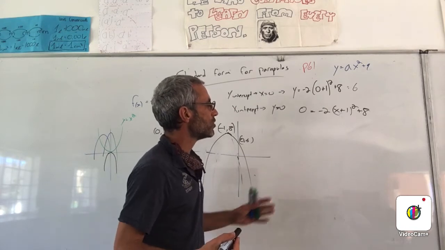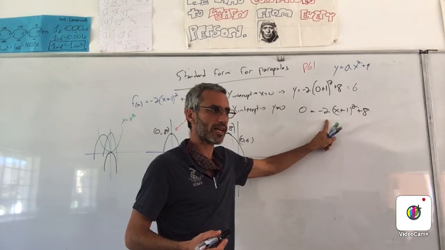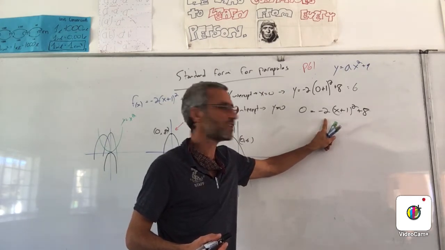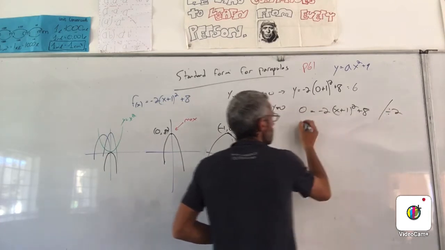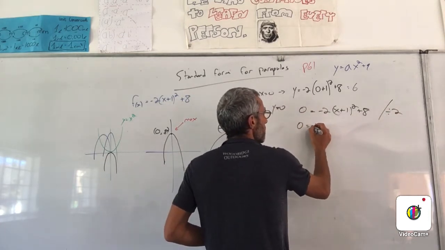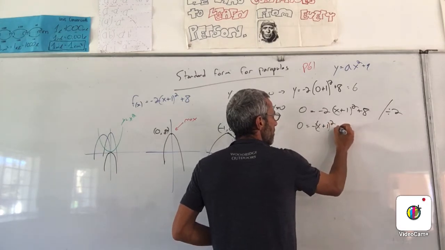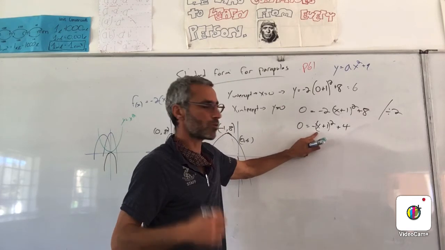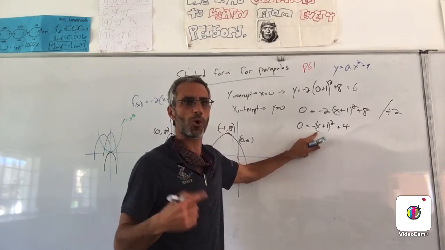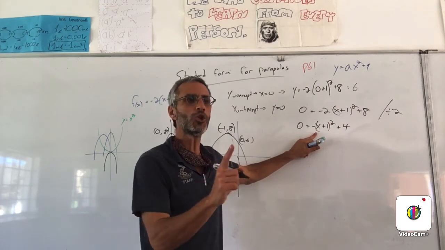First thing, you can get rid of a 2 here. If I divide both sides by 2, I divide everything by 2, then 0 equals -(x plus 1) squared plus 4. Now, this should ring bells. This is almost a difference of squares. Now, there are 2 ways to do it.